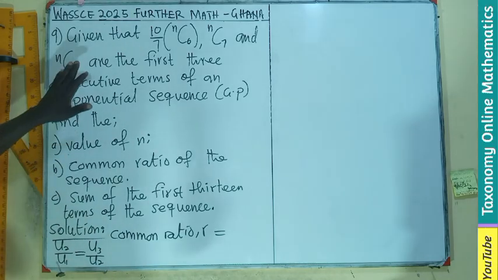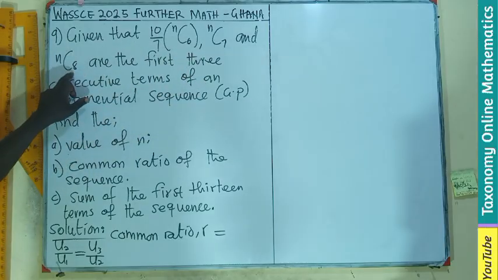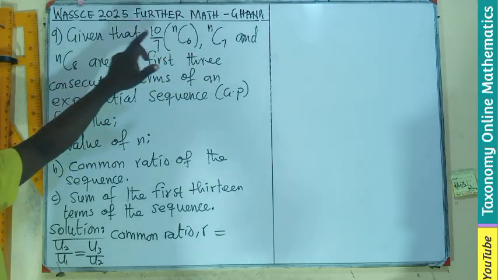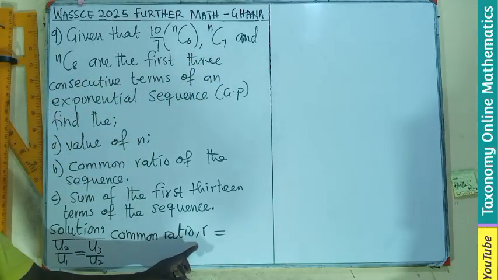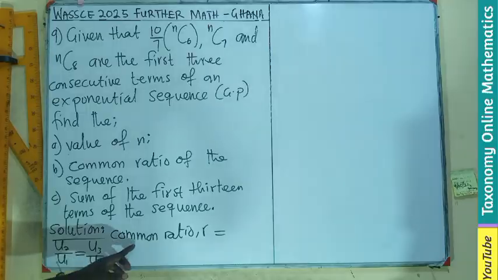If we pick our sequence, we can see first, second, third. So the third divided by the second will give you the common ratio, or the second divided by the first will also give you the common ratio.